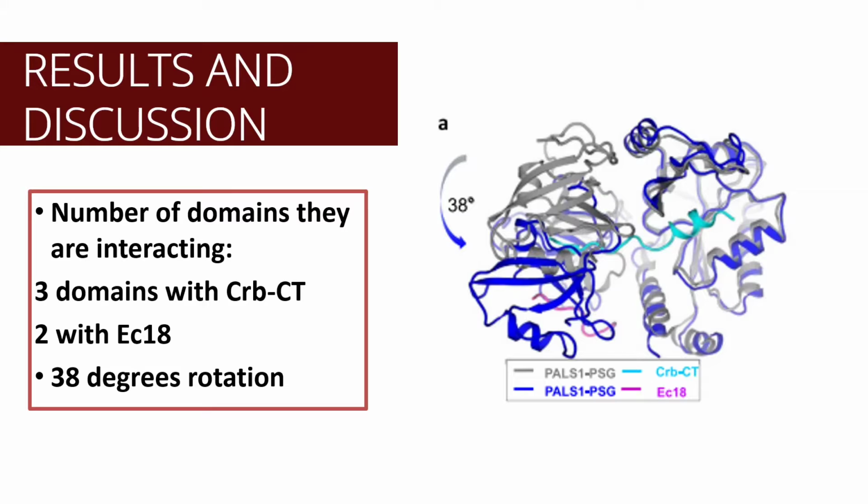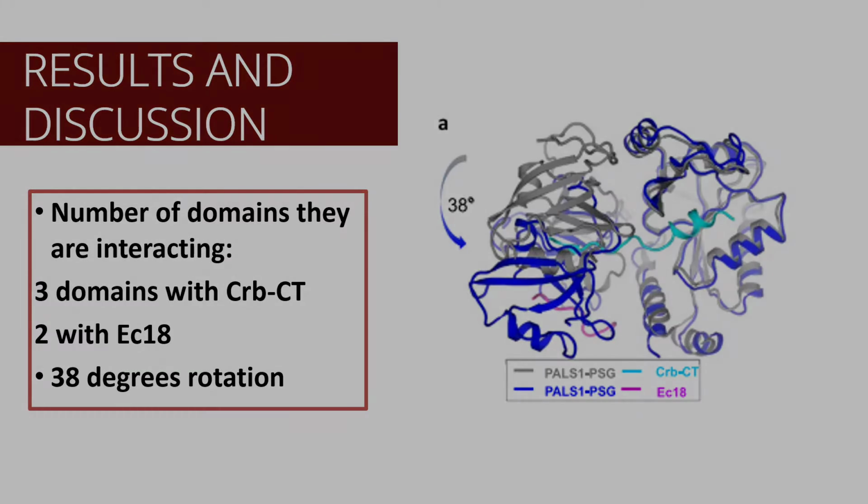Only the PDZ and the SH3 domains are interacting with the EC18. Consequently, in the PSG EC18 complex, the PDZ and the SH3 domains are rotated 38 degrees relative to the GK domain, likely due to the disengagement of the PDZ and SH3 domains from the GK domain.